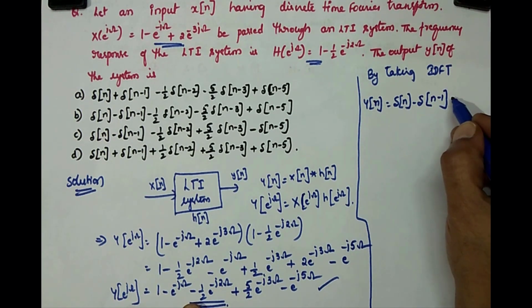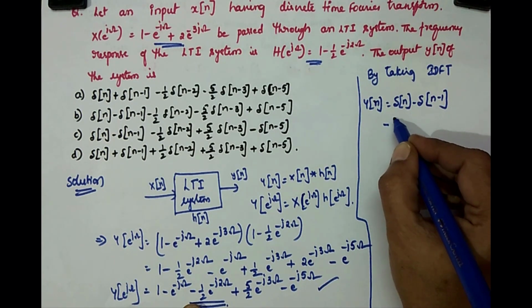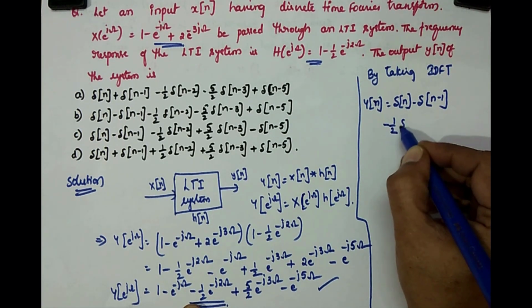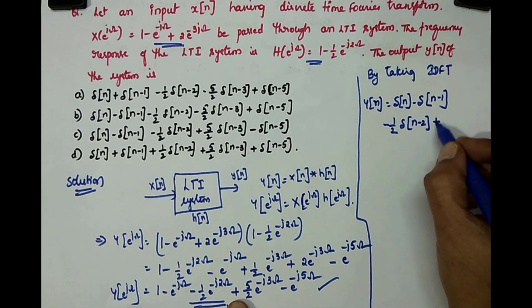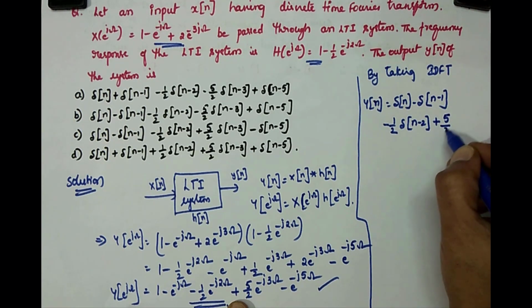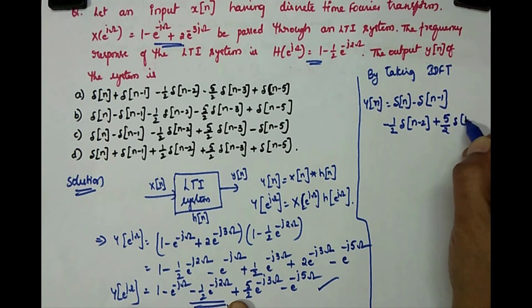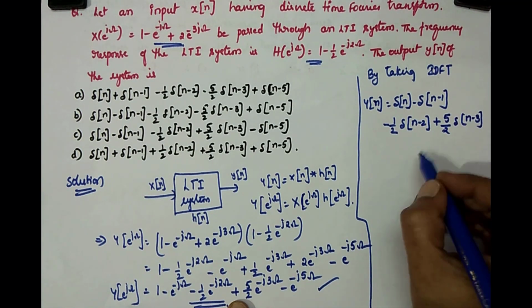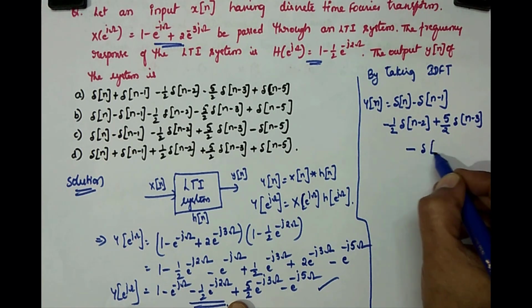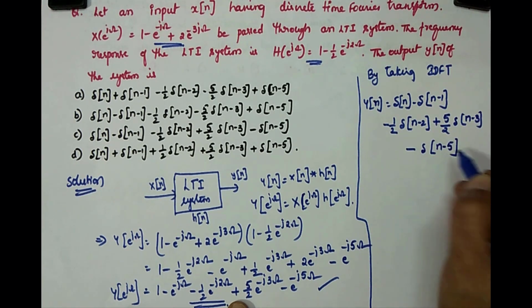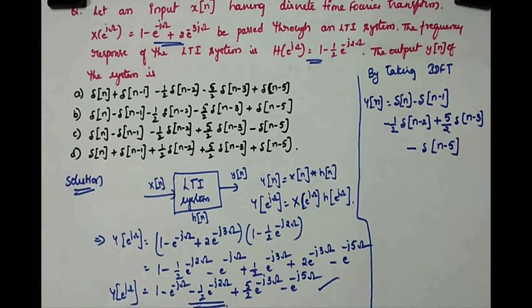For the third term, it is −(1/2)δ[n−2]. For the fourth term, (5/2)δ[n−3]. And for the last term, −δ[n−5]. The inverse of e^{−jω} is δ[n−1], which we used here.